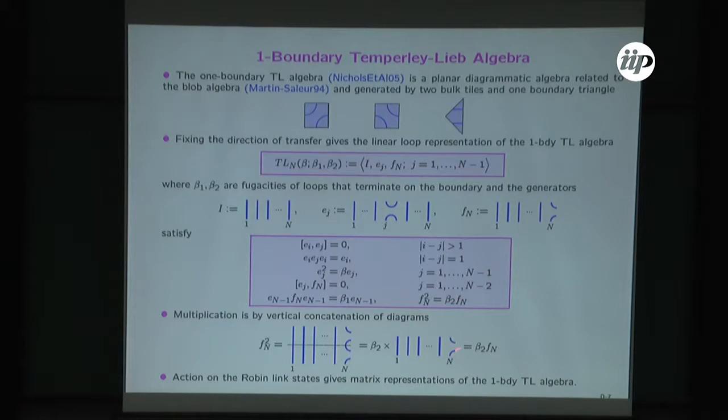That's this diagram up to this scalar beta 2. There's another way that it can close on the boundary to give beta 1, but generally we'll take beta 1 equal to beta 2 anyway. So these diagrammatic generators satisfy a number of relations, including the usual Temperley-Lieb relations, plus a couple of additional relations on the boundary. And this is the algebra on which integrability will be built.